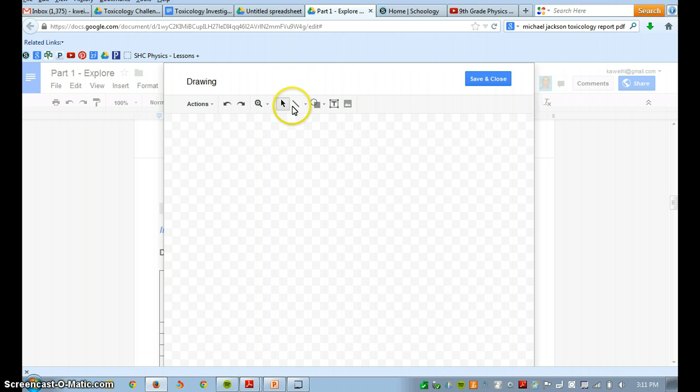From that drawing, you can identify arrows. So we're going to create one arrow this way. Then we're going to create another arrow this way and try to get them to be about equal length.